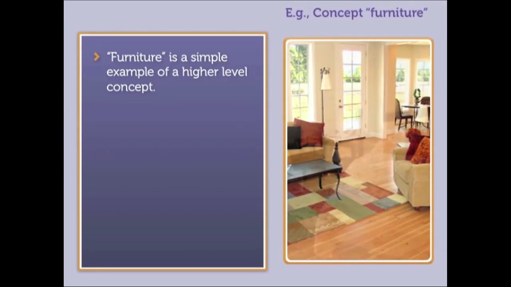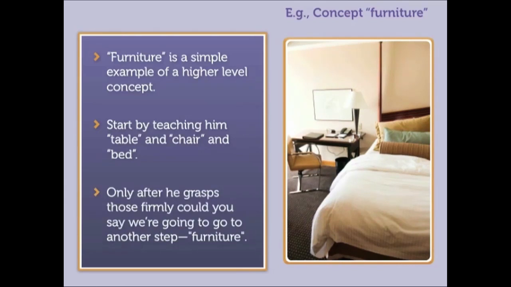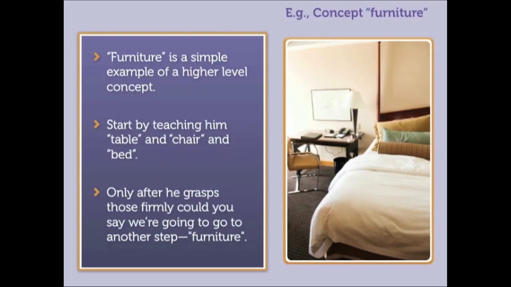So in this case, you would have to start by teaching him table and chair and bed and so on. Only after he grasped that much firmly could you say, now we're going to go in effect to another step. We're going to go to graduate school, relatively speaking, and have one term that encompasses all these different things. But he could never do it until he had first conceptualized the first level.